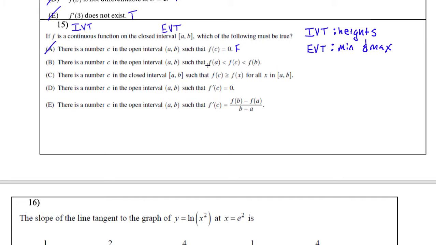What about B? So for some f of c, I have to be between A and B. The problem with this one, if you remember, is that there's no equal to sign here. If there was an equal to sign, yes, you could say B, because that is almost the definition of intermediate value theorem. Like if you have a height that's low and a height that's high, then there should be some height in between as long as you're continuous.